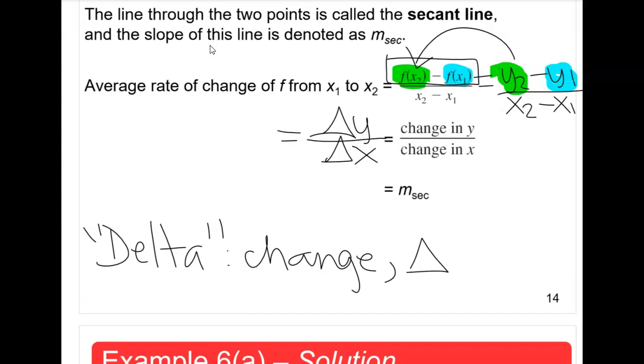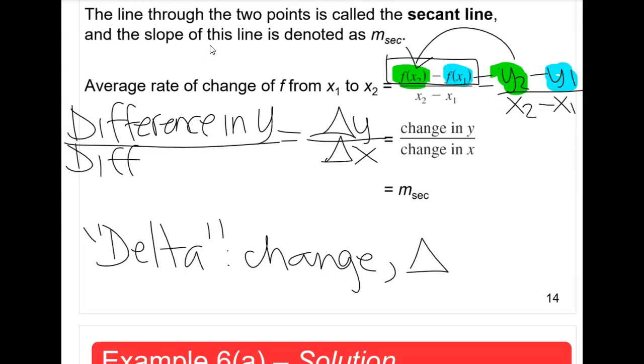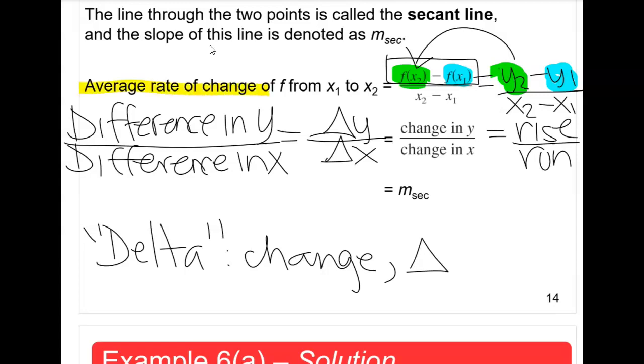And of course, you already know that those are calculated by finding the difference in y and dividing that by the difference in x. What else could we say about this? It could be called the rise over run. And so that is our average rate of change from 2 x values, x sub 1 and x sub 2.